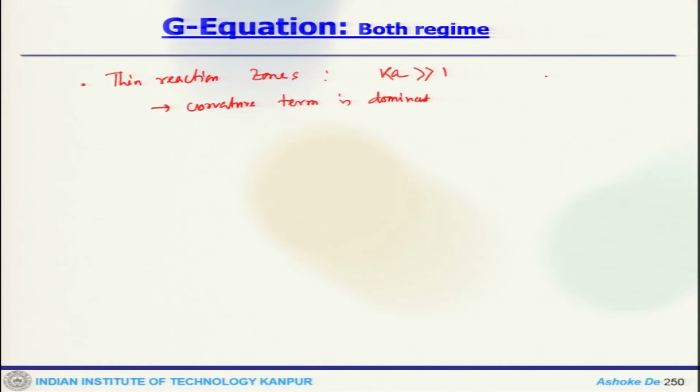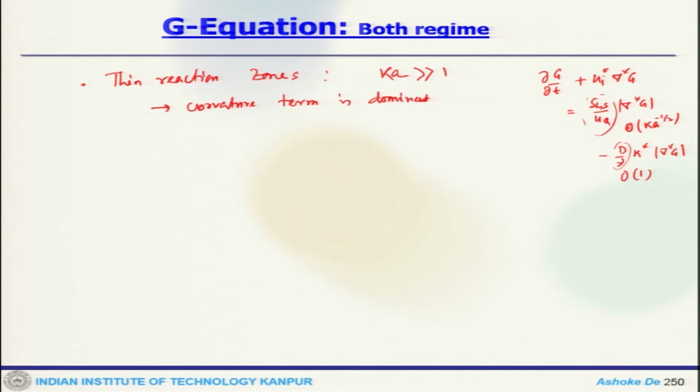Because if we look at that equation again, del G by del t plus ui star del star G equals SL S by u eta del star G minus d by nu kappa star del star G. So this is order of Karlovitz to the power minus half, this is order of 1. So when you go to thin reaction zone, if Karlovitz is too high, so it is the curvature which will dominate.